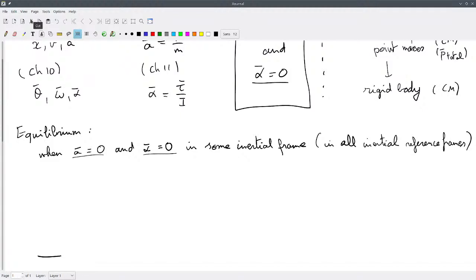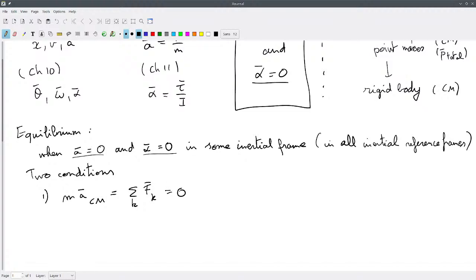So the conditions for static equilibrium are twofold. There are two conditions, and of course you can see what they are going to be. First of all, m times the acceleration of the center of mass is the sum of all of the external forces on that object, which is Newton's law in its most general form.